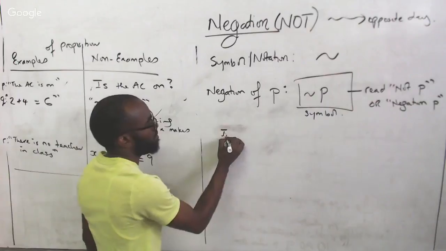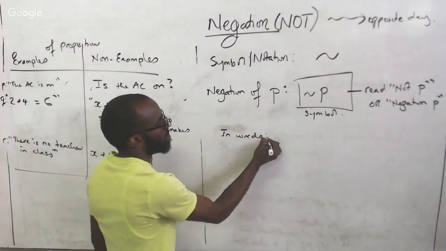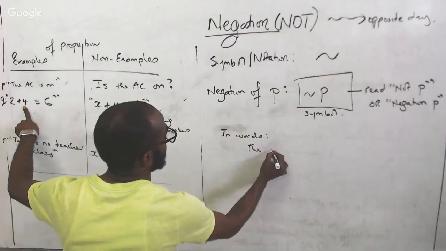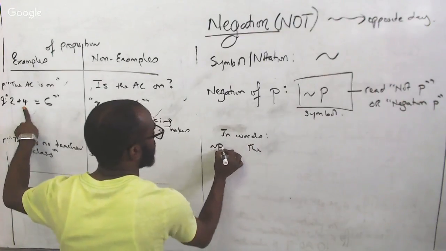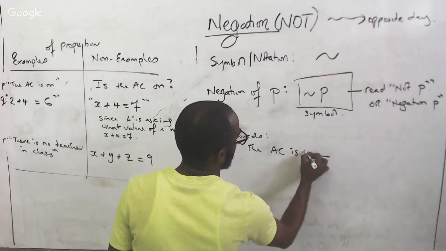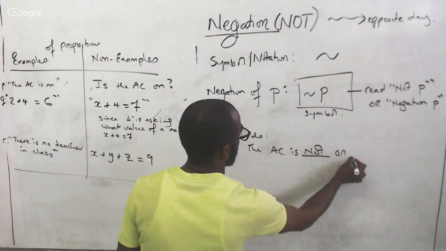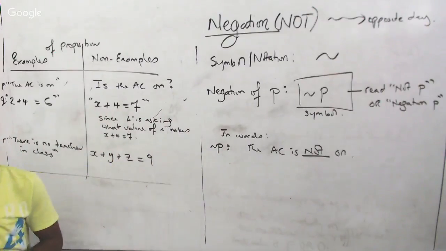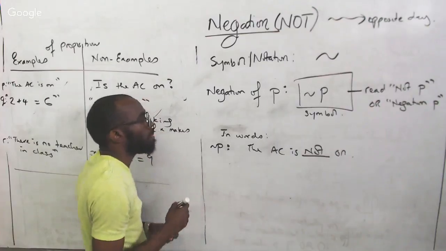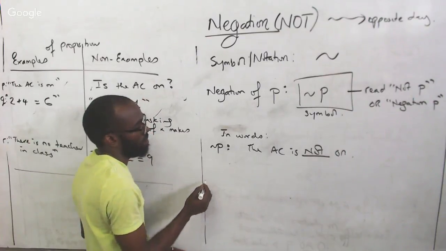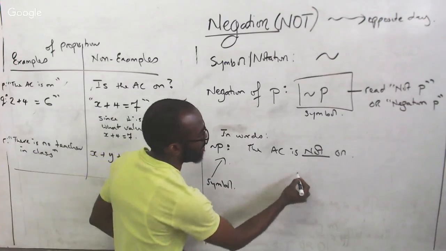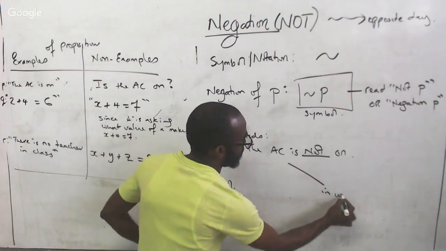In words, we would say the AC, but squiggly P now would have been the AC is not on. And that's how I would do it. Fair enough? Clearly over here is symbol. And sometimes they'll say write it in words.